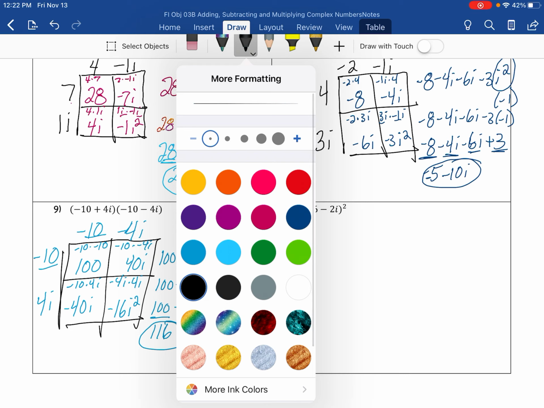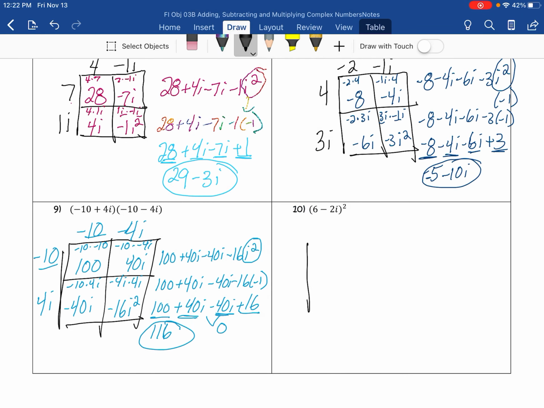Last one's a tricky one. We always put one like this on the test, okay? I'm just going to warn you. You don't distribute. This right here translates to 6 minus 2i times 6 minus 2i, and you have to treat it that way. You have to do a box for this. 6 minus 2i, 6 minus 2i.